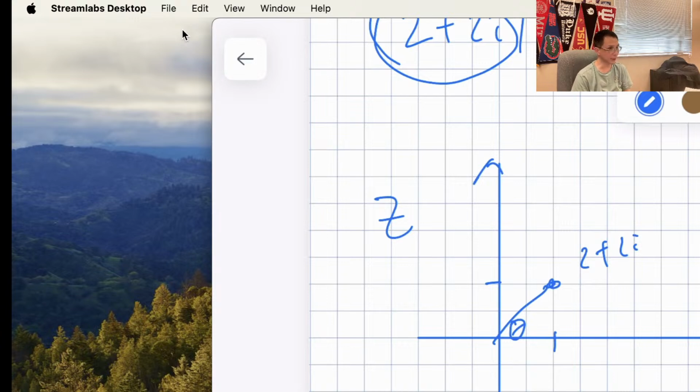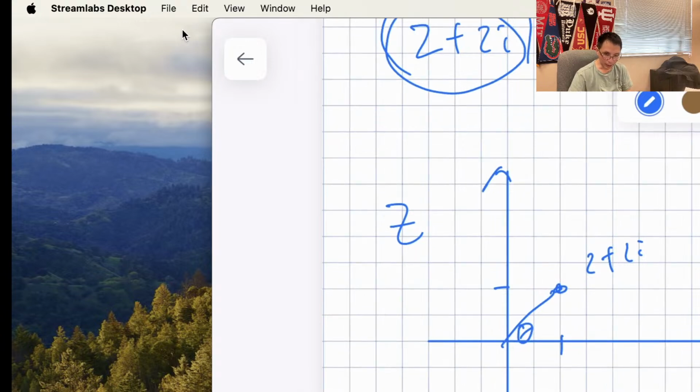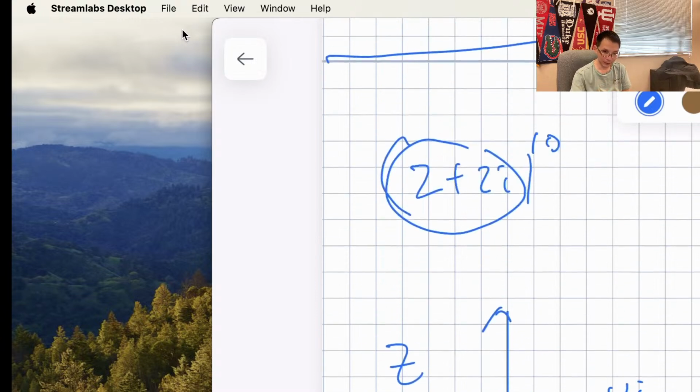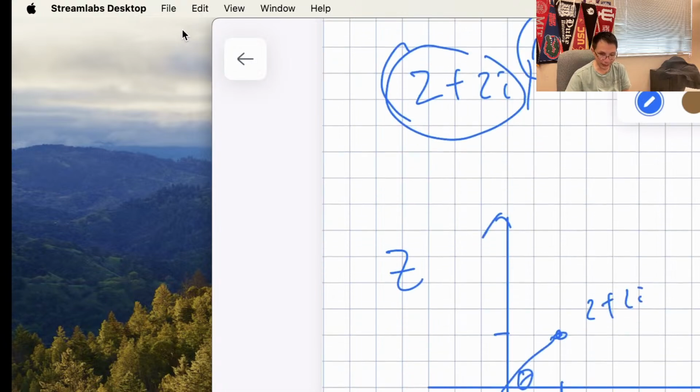That means R is going to be 2 root 2 to the 10th. Cosine of how many theta? What is n? 10. So it'll be cosine of 10 times pi over 4 plus i sine of 10 pi over 4. Is that okay?